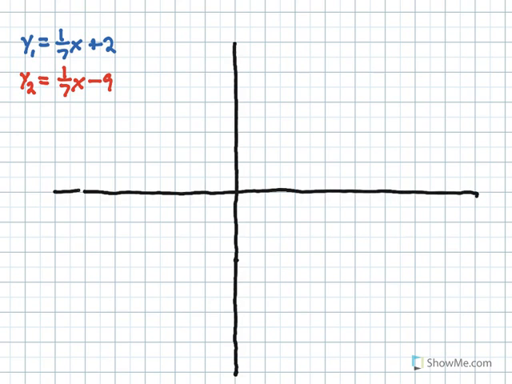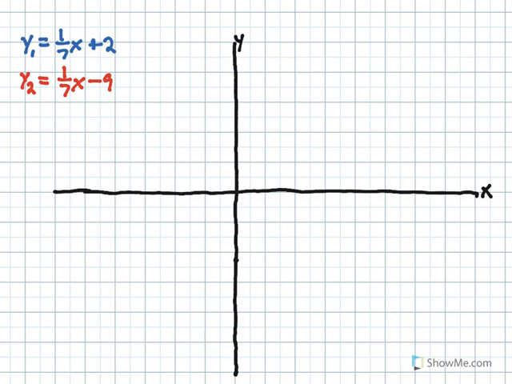So this is your y-axis and this is your x-axis. And I'm going to create my own scale because the other one didn't have the right scale. So let's see here. Okay, we think we should be good. All right, so this is great. So now let's go ahead and do the first one. All right, 1/7 x plus 2.